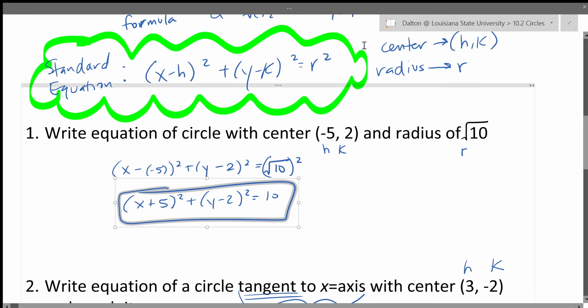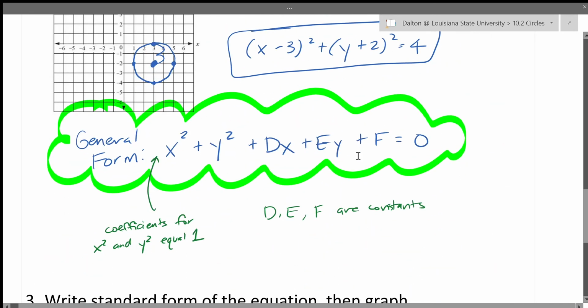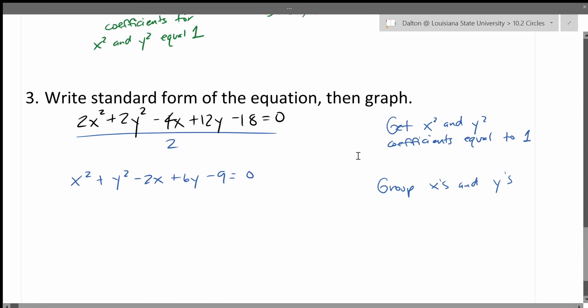You only have something squared. So what we're going to think back to is our factoring days, and what we want to set up is completing the square. Group x's and y's to set up completing the square.